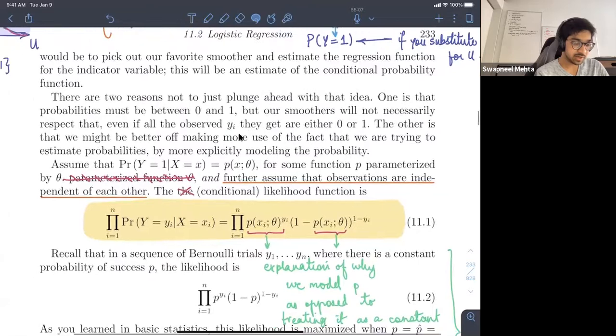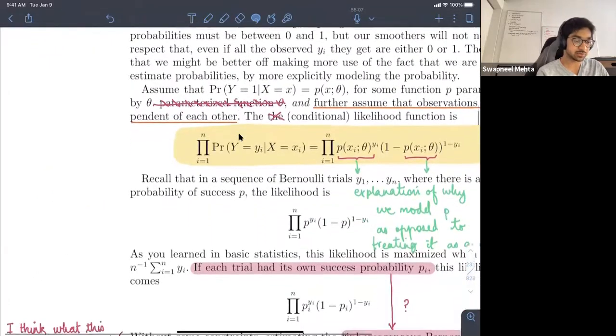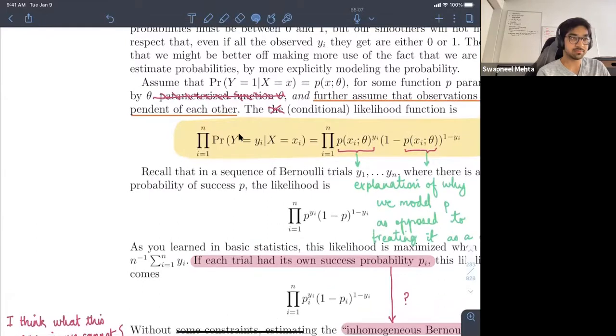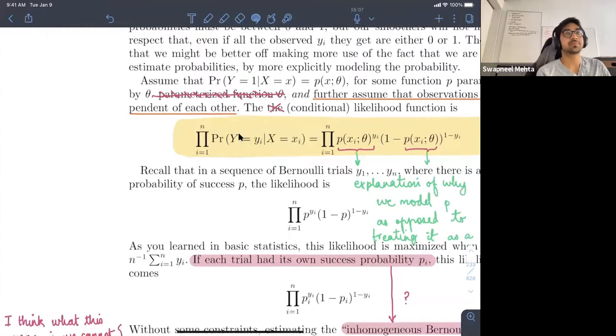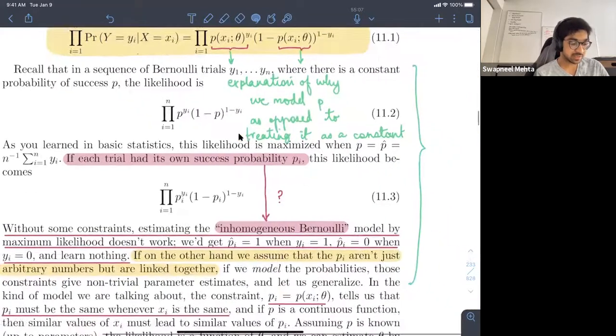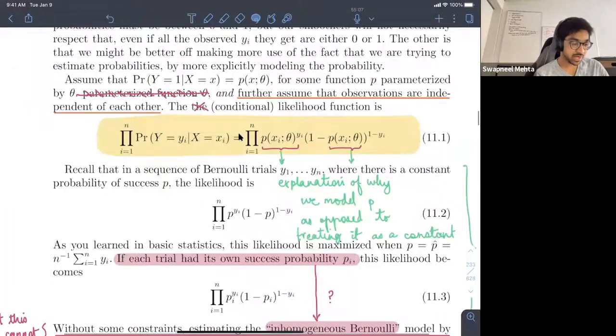Secondly, we are trying to estimate probabilities. You know that y takes the value 1 and 0 with a particular probability that has to do with this x. So you might as well just model the probabilities. And there is a reason that he gives as motivation for why we need to model the probabilities.